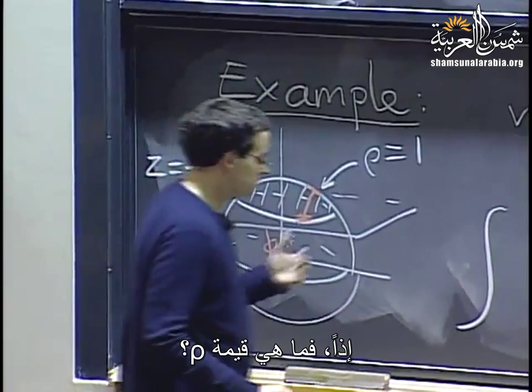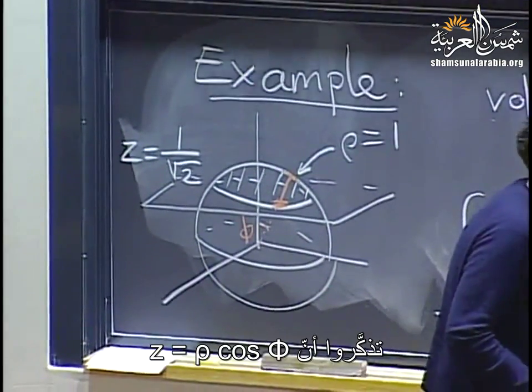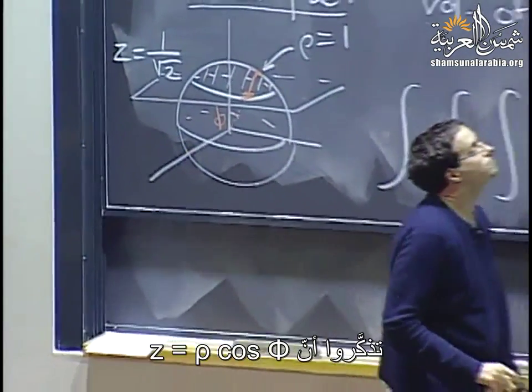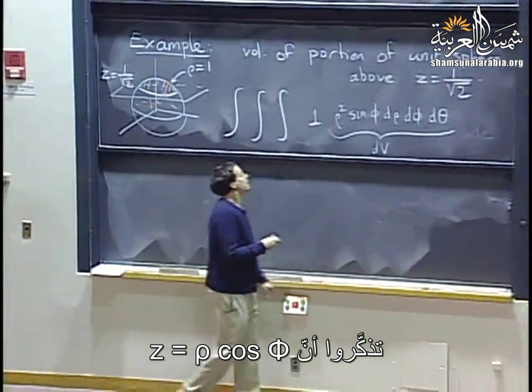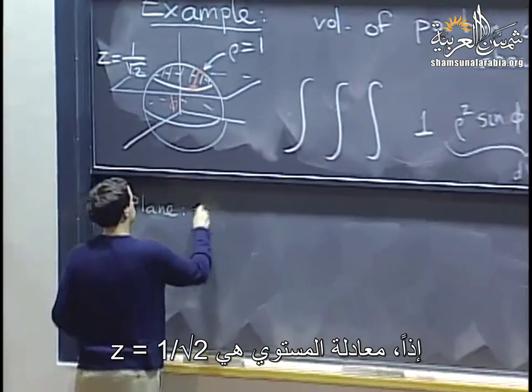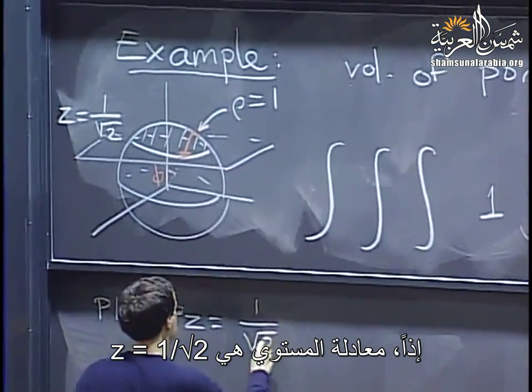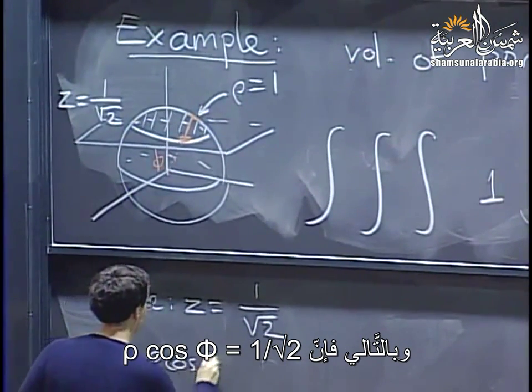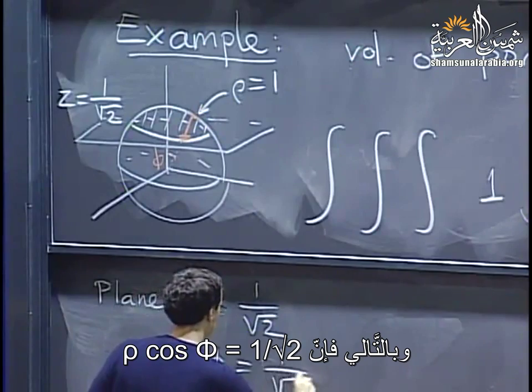So what does that tell us about rho? Well, remember, z is rho cosine phi. So the plane is z equals 1 over root 2. That means rho cosine phi is 1 over root 2.